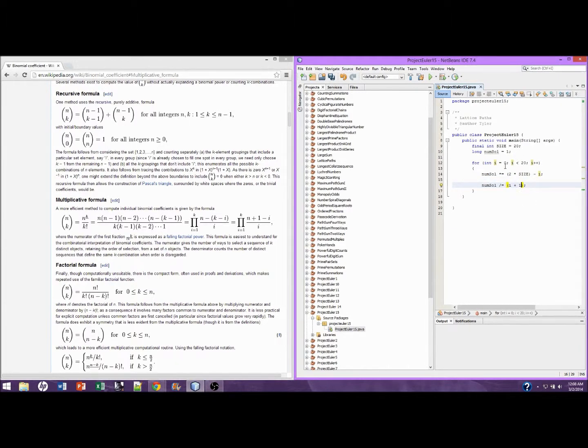Second of all, it needs to divide by the actual size, if that makes any sense. I'm sorry, this one is really hard to explain. I'm trying my best here. Hopefully you understand more by reading what the binomial coefficient is, which is what we're using, and the multiplicative formula. This is actually all we need for implementation.